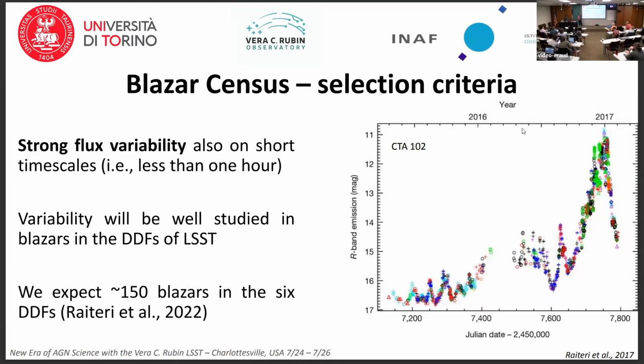What we expect is a variability that is not so high, but I wanted to show you that we can also have strong variabilities on different time scales, even very short ones, less than an hour. This can be studied very well in the deep drilling fields of LSST, where an estimation was done, and we expect to have 150 blazars in these 6 deep drilling fields.